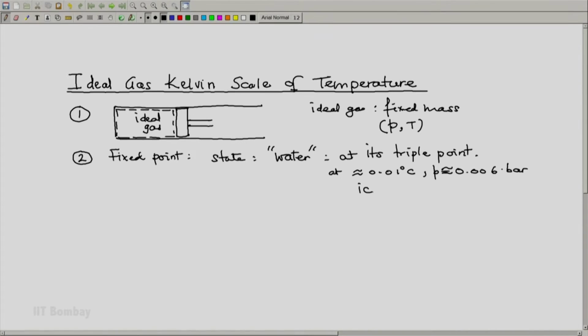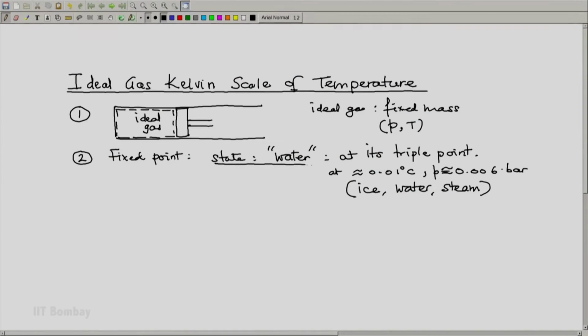That means ice, solid, water, liquid, and steam, vapor, exist together, and the advantage of using such a state of water is that the moment we reach this triple point, our temperature is fixed and our pressure is fixed. Pressure at triple point, temperature at triple point.